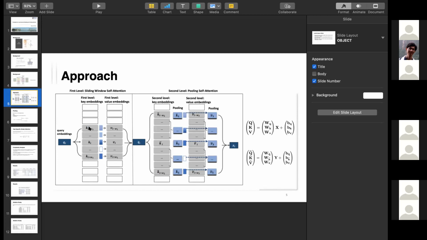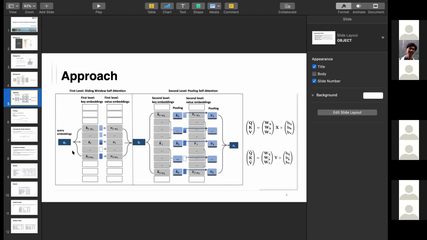The Q vector here only attends to K tokens within the sliding window, but in the original transformer the Qi token will attend to all the K tokens. So when we apply a sliding window, it only attends to tokens in the window.